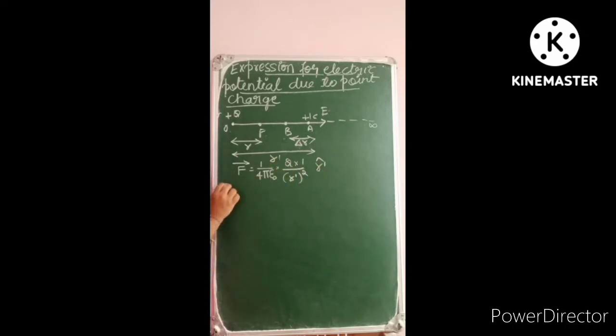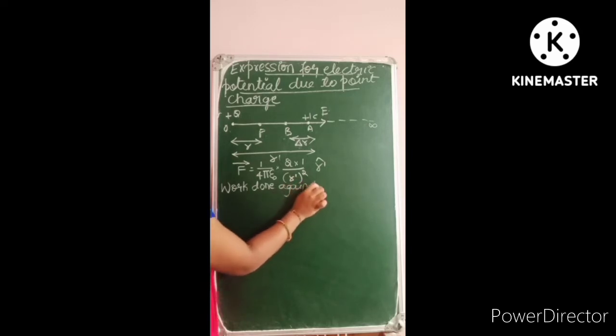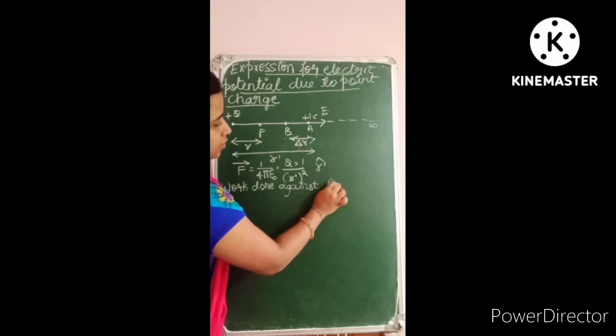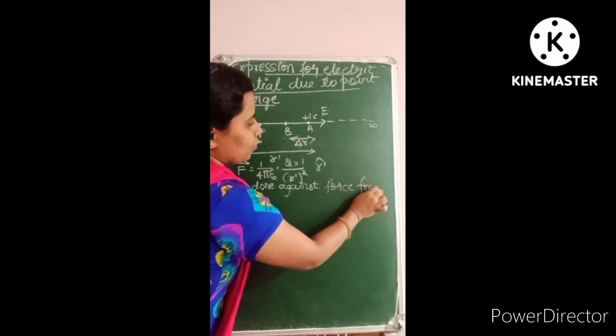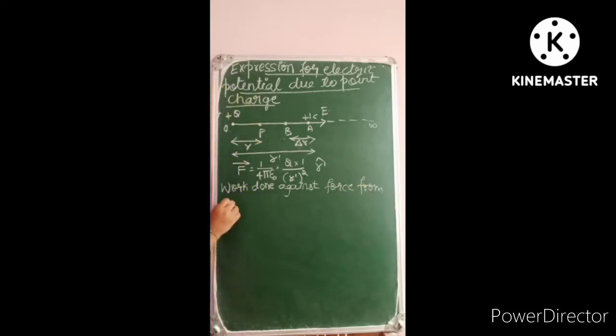Now the work done, W, work done against the electric field, against the force, from R dash bar to R dash bar plus delta R dash bar.